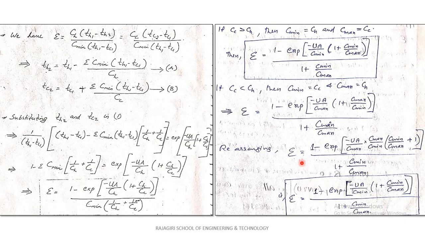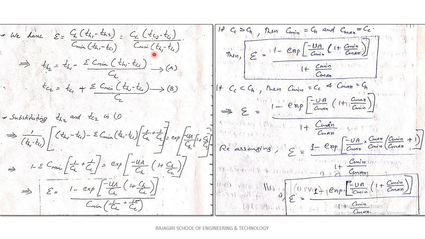So we know that from the effectiveness equation, this is the effectiveness equation in case of the hot fluid, and in case of the cold fluid, this is the effectiveness equation.